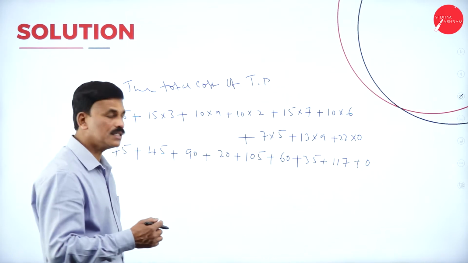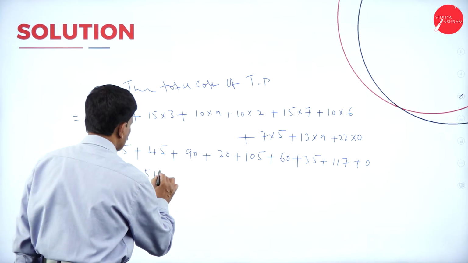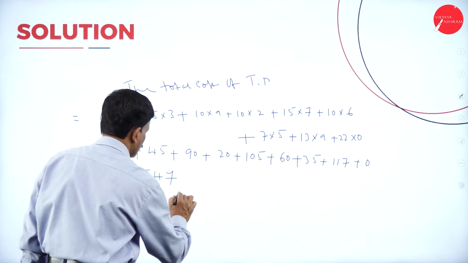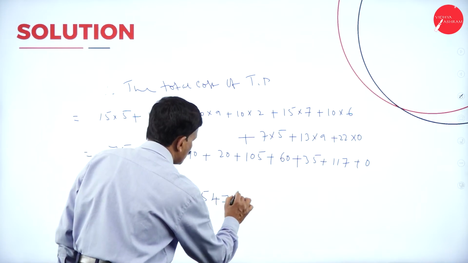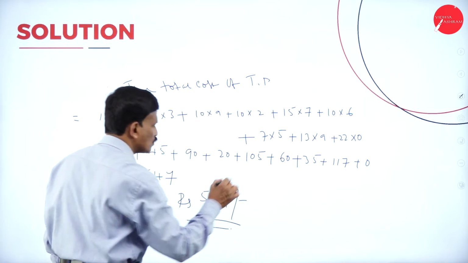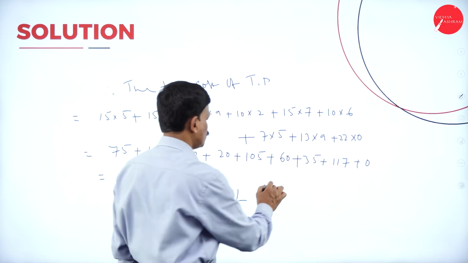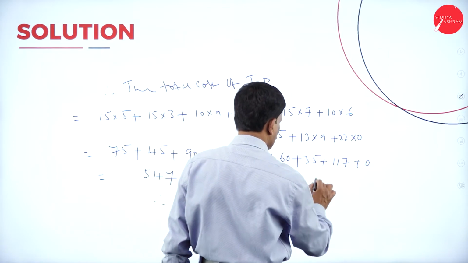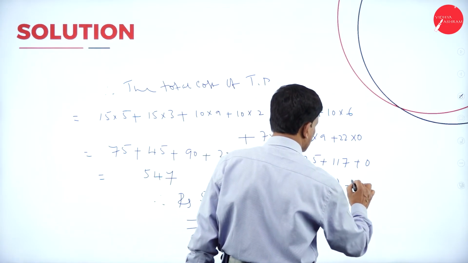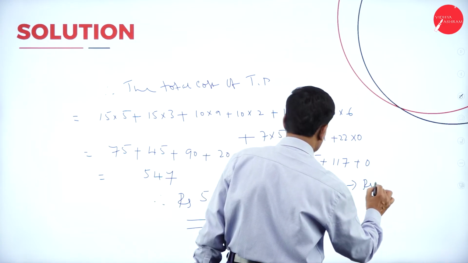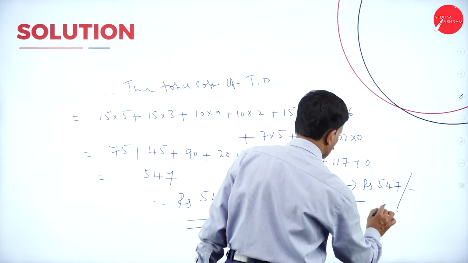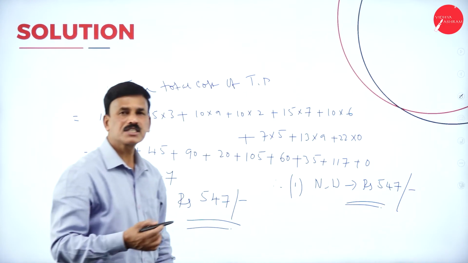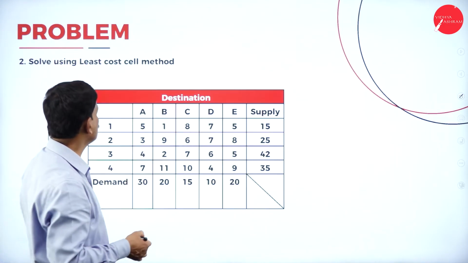If you add, you will get 547. So therefore, the total cost is rupees 547 using the northwest corner method. So in the first method, northwest corner method, the solution is rupees 547.